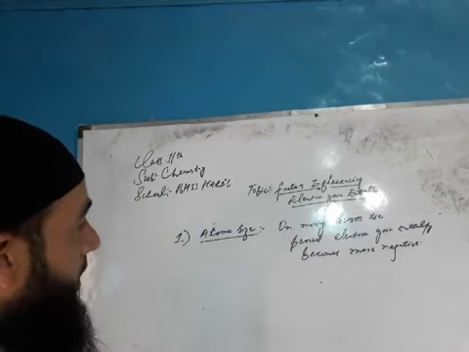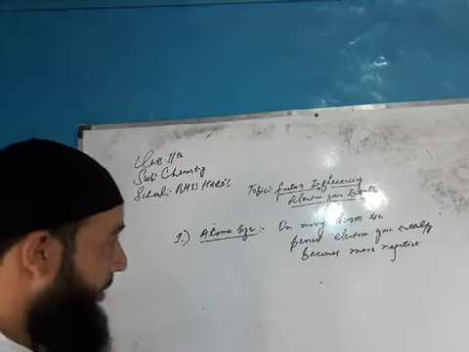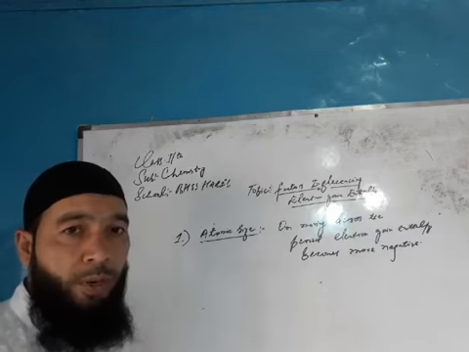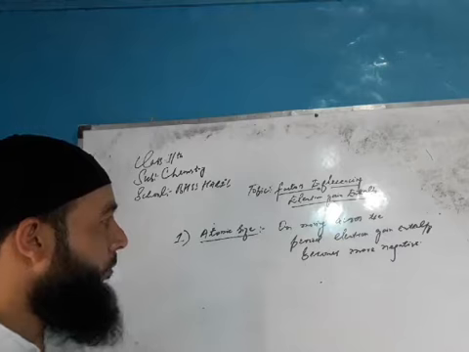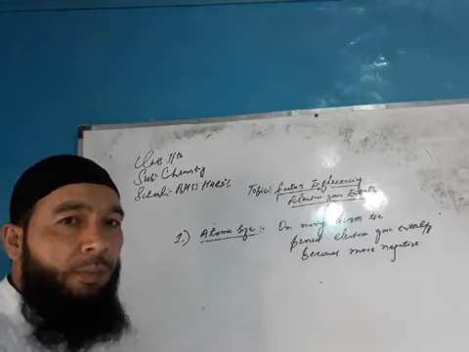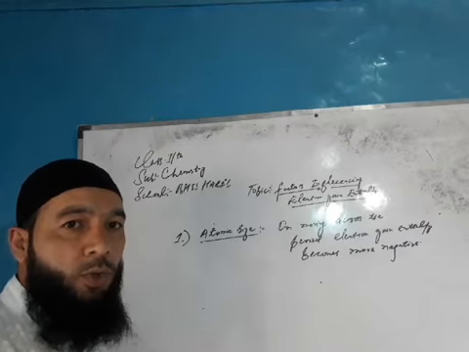Now, what happens to atomic size on moving down the group? We know that on moving down the group, atomic size increases. When atomic size increases, what about the urge of the element to gain electrons?